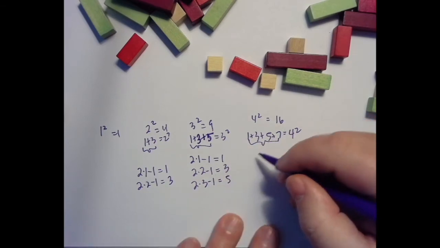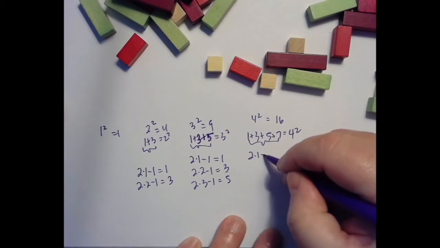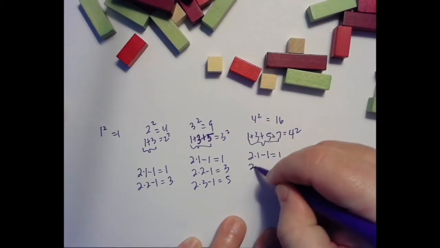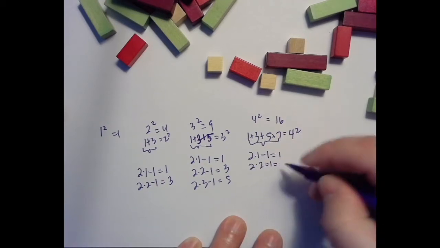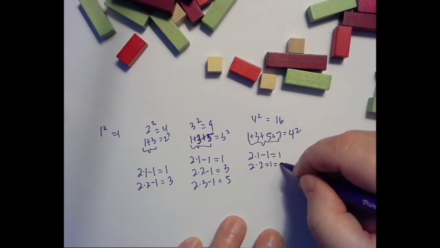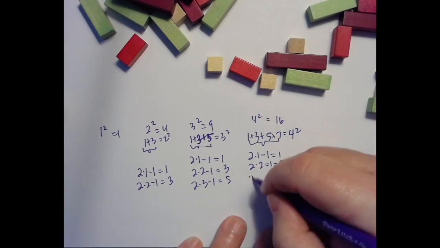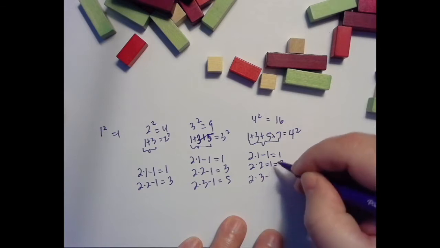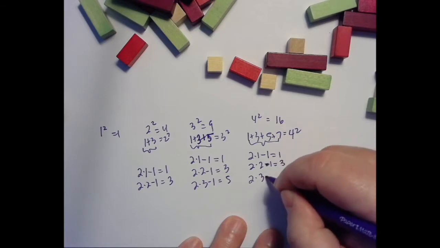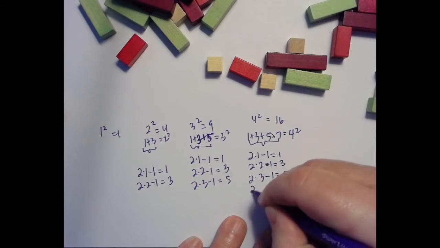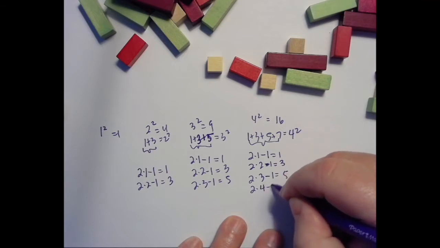And I bet if I do the same thing here, 2 times 1 minus 1 equals 1. 2 times 2 minus 1 equals 3. 2 times 3 minus 1 equals 5. 2 times 4 minus 1 equals 7.